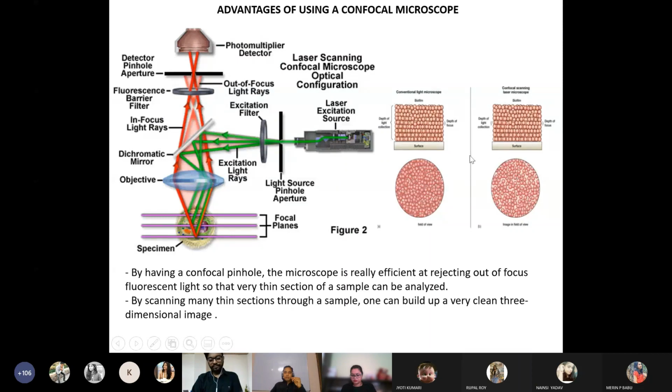If the cell layer is not unilayered, there are so many cells put together, and the multi-layer of cells restricts our vision of a distinct cell, whereas in the confocal microscopy, even though there is a multi-layer of cells, you can see a distinct layer of cells, which helps us to distinguish each and every cell differently.